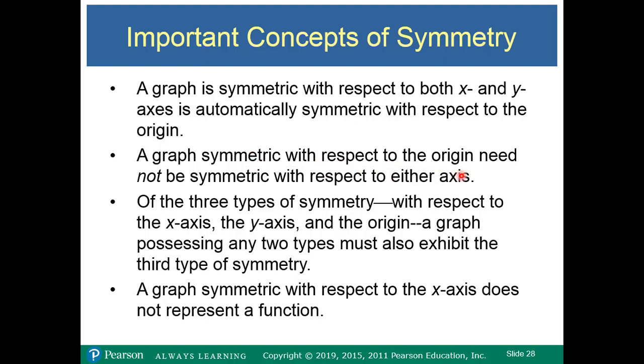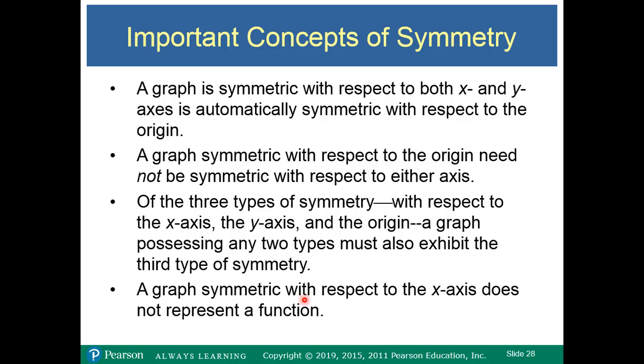Of the three types of symmetry, with respect to the x-axis, y-axis, and origin, a graph possessing any two types must also exhibit the third type of symmetry. In other words, if it is symmetric with respect to two of the three, then it has to be symmetric to all three.